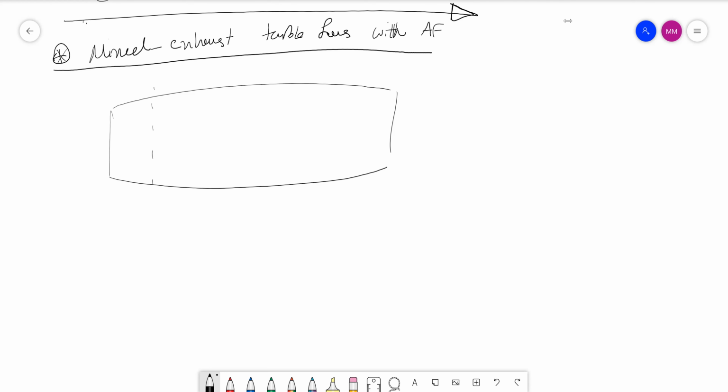So let's have a schematic of your engine and different stations. Let's start with station 2. That's your compressor inlet, right? And from station 2, we're gonna have a core as well as a fan or bypass.